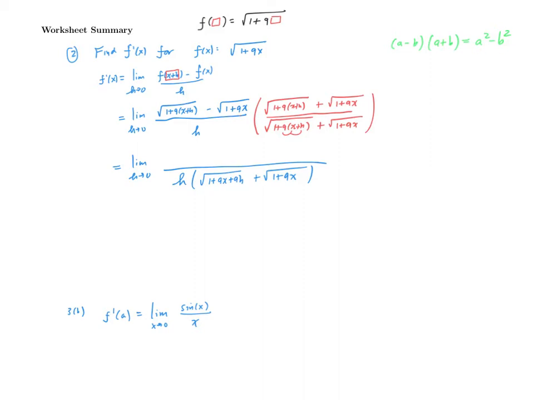And if you don't see that, you could certainly FOIL everything out. So we would have 1 plus 9x plus 9h minus the quantity 1 plus 9x. So when you square the square root term, the square roots vanish.